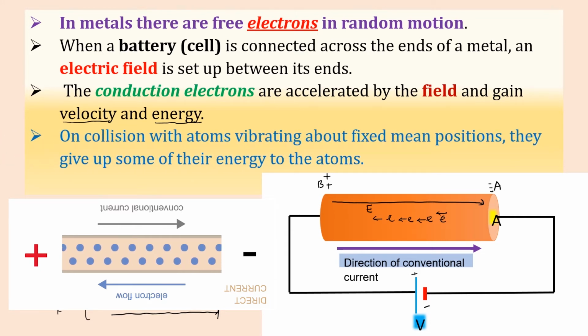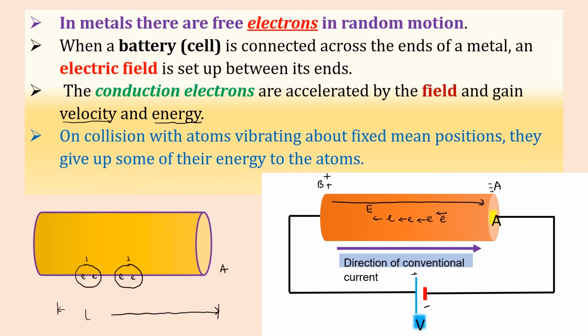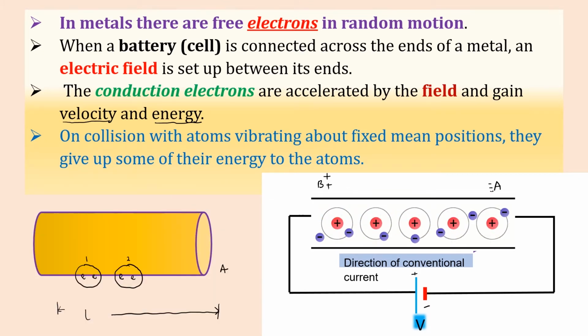So as they are flowing, they end up colliding with atoms that are vibrating about their mean fixed positions, and they end up giving up some of their energy to those atoms. So when the process goes on and on, these electrons, for example electron 1 here, share or give up some of their energy to the neighboring atoms.